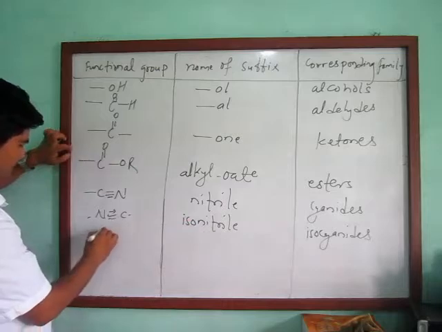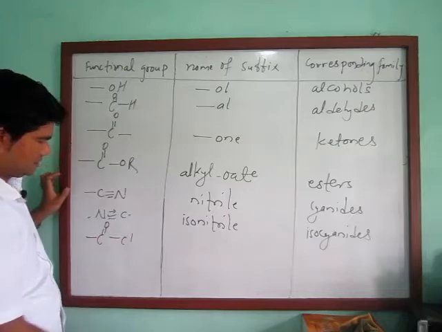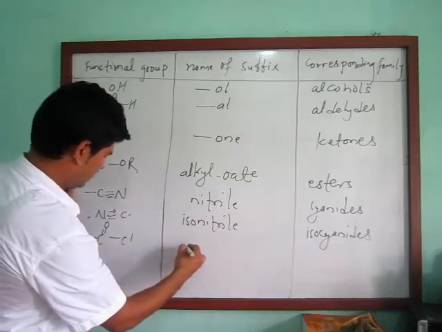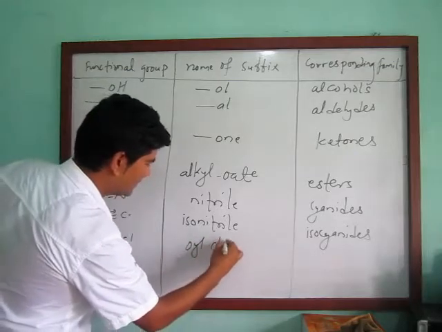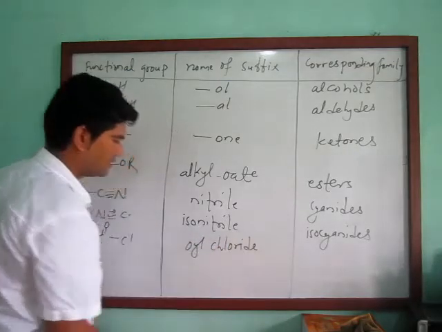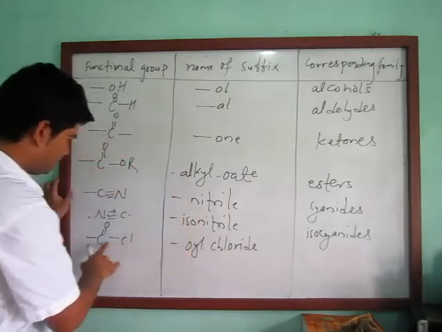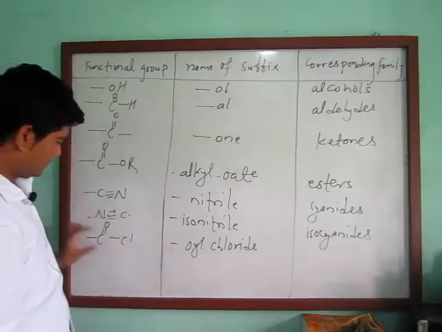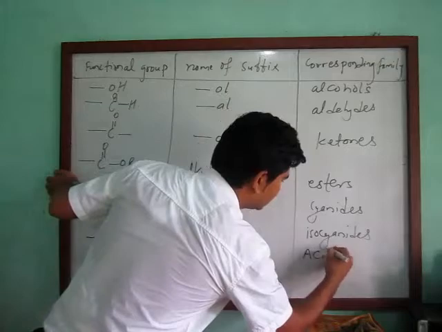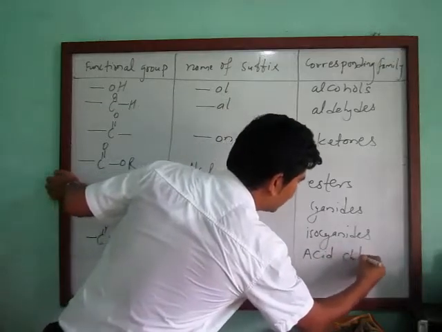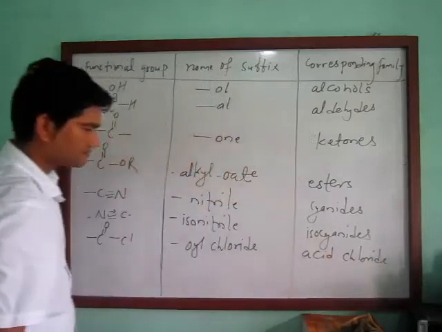Similarly, if there is this one here, it is -oyl chloride. Oyl chloride should be used for this type of functional group, and this comes under acid chloride.